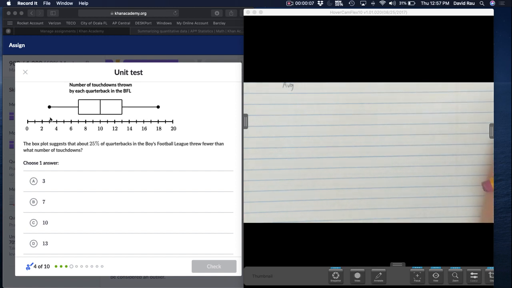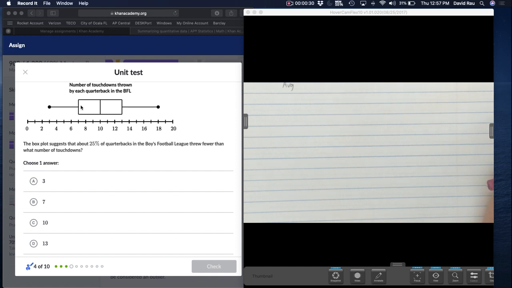Up next we have another box plot, and it says the box plot suggests about 25% of the quarterbacks in the boys football league threw fewer than what number of touchdowns? Again, what I said before is that this line right here is Q1, this is the median, this is Q3. What do they mean? Well, Q1 means the first quartile, and quartile comes from the word quarter.